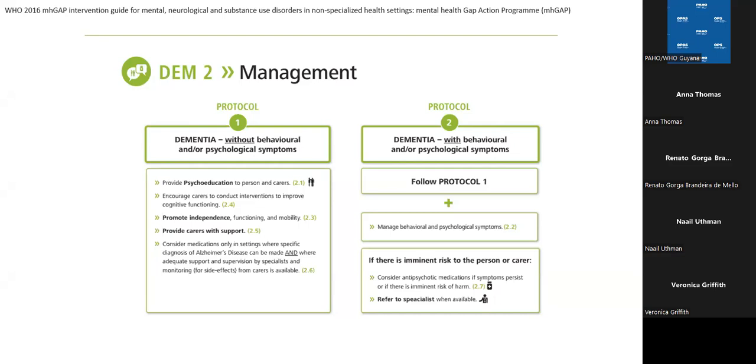Yet, if there is imminent risk to the person or carer, you can consider antipsychotic medications if symptoms persist or if there is imminent risk of harm or suffering. And if possible, refer to specialists when available.